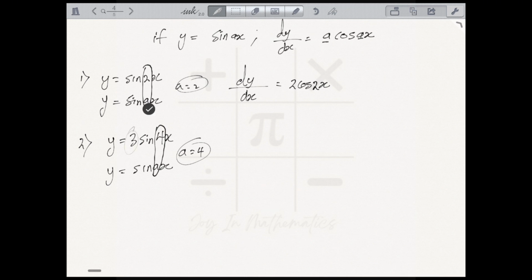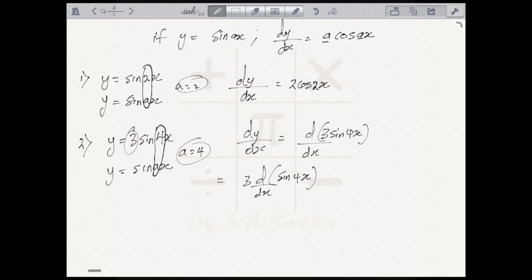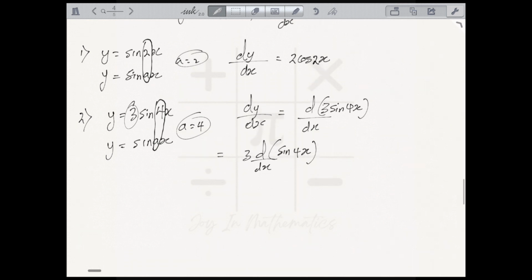To evaluate dy/dx, which is d/dx of 3 sin 4x, this is equal to 3 d/dx of sin 4x.